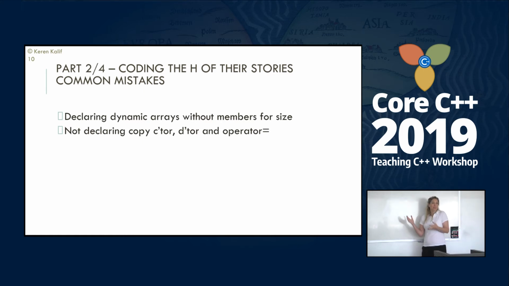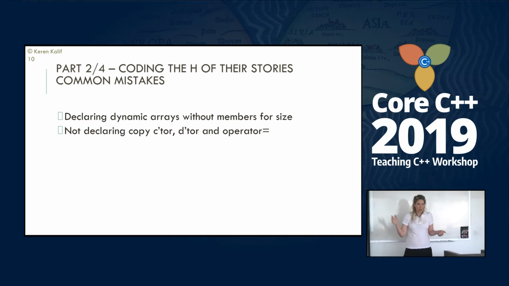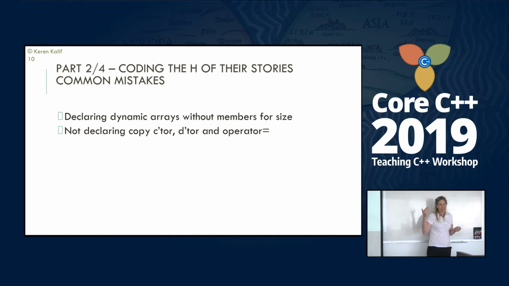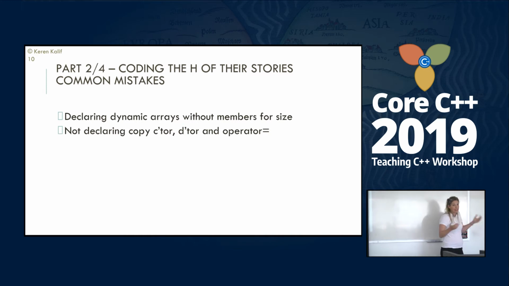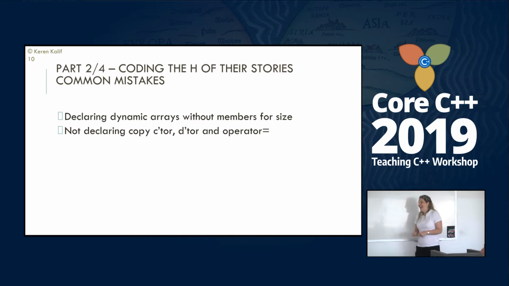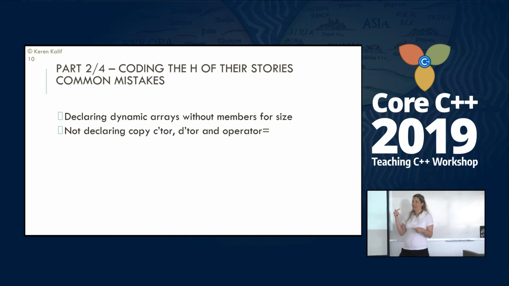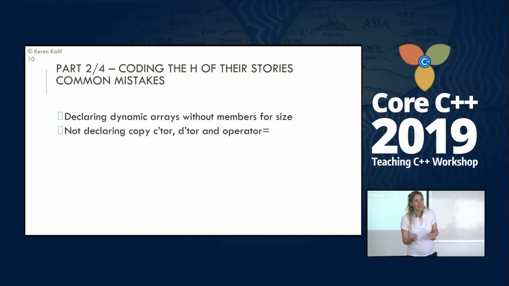And they mostly forget the triple: copy constructor, assignment operator, and destructor, because they don't run, so they don't see crashes, etc. And it's a mistake not declaring them in classes that have dynamic allocations. Another thing they need to clarify at that point: if they have a pointer in the class, it doesn't automatically mean that they need the triple, because I might have a pointer that is not dynamically allocated. So they need to understand the difference.